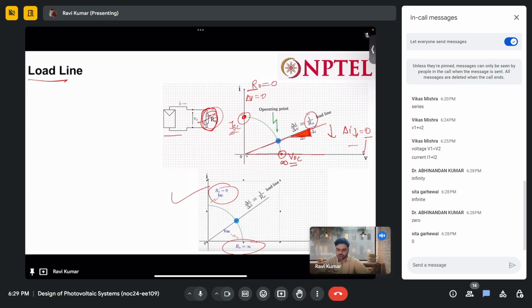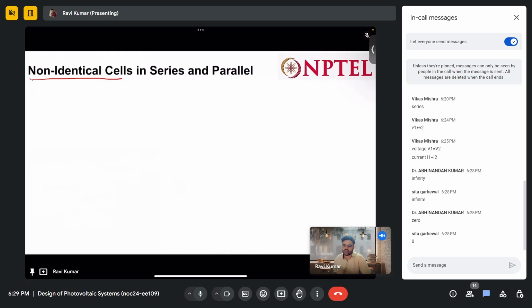Now let's move to the non-identical solar cells. I'll cover this quickly. So we have non-identical solar cells like this. We have cell 1, cell 2, having red and green color. It means they are not similar.